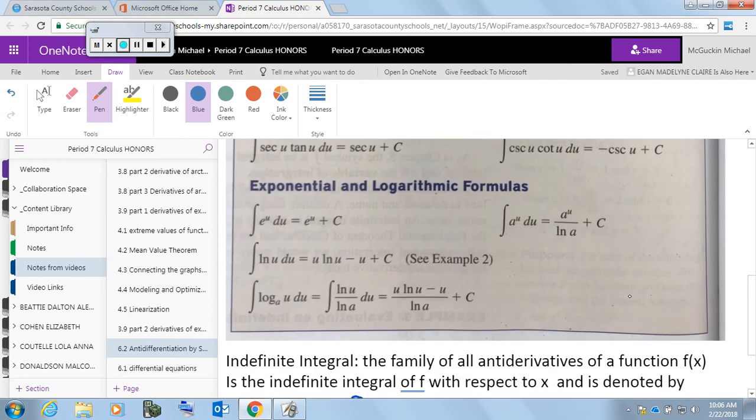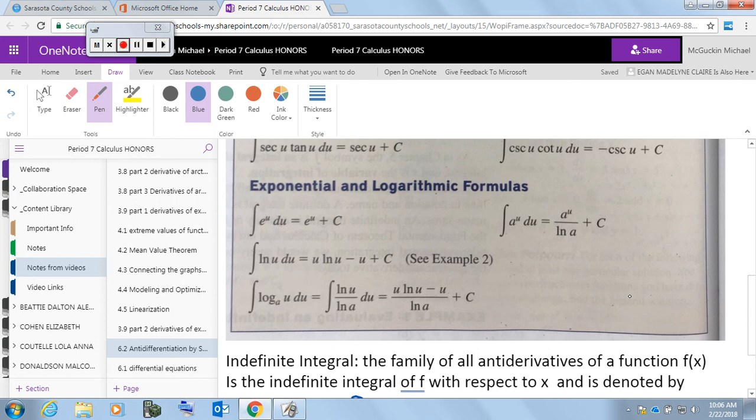And then we also have our exponentials that go along with it as well. So we know the derivative of e to the x is simply going to be e to the x, so that means the antiderivative would also be e to the x. And again, we're not talking about different things other than just simply x or u in this case. We'll get there when it comes down to substitution in just a bit.